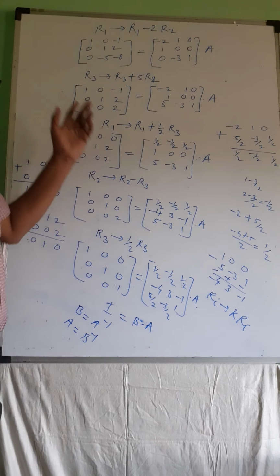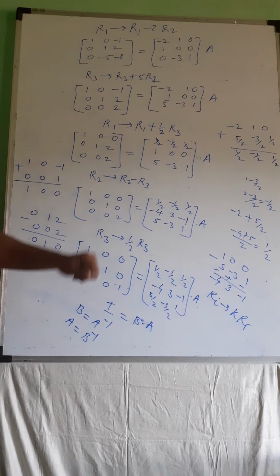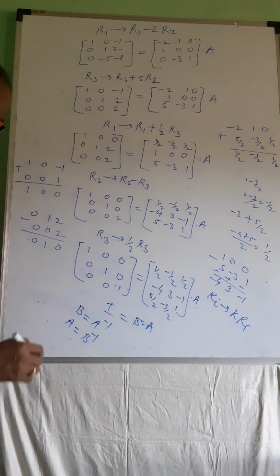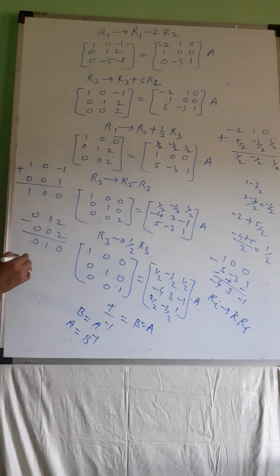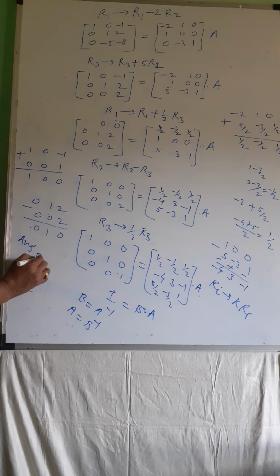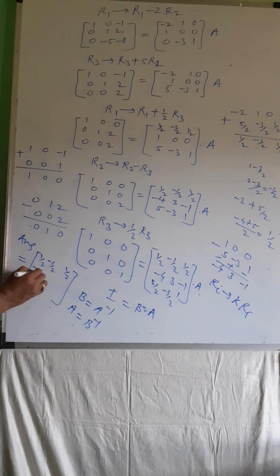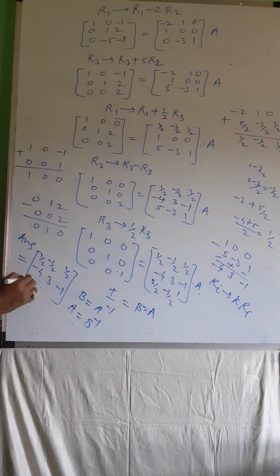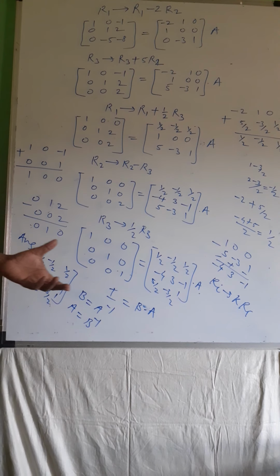Here find the inverse of this matrix A. The answer is inverse matrix: first row half, minus half, half; second row minus 4, 3, minus 1; third row 5 upon 2, minus 3 upon 2 and 1. This is the inverse of the matrix.